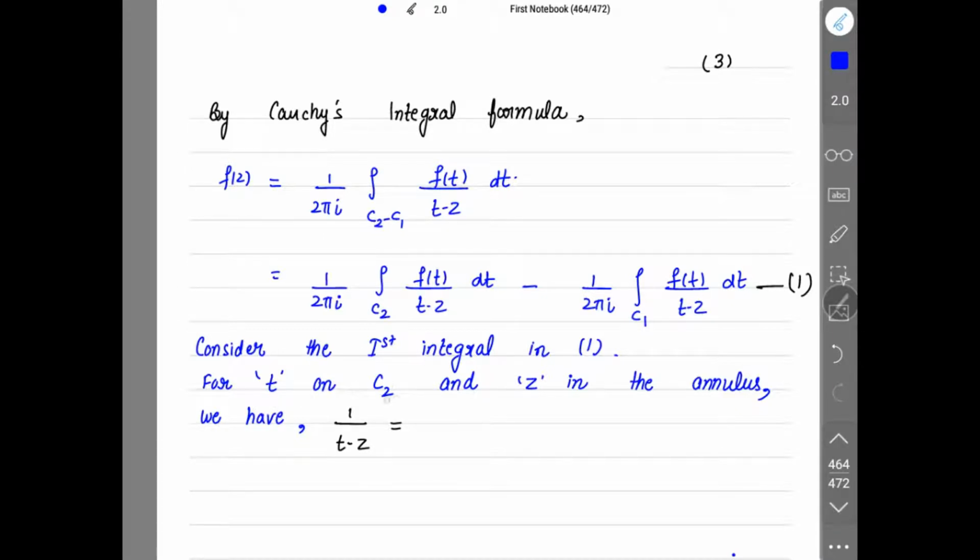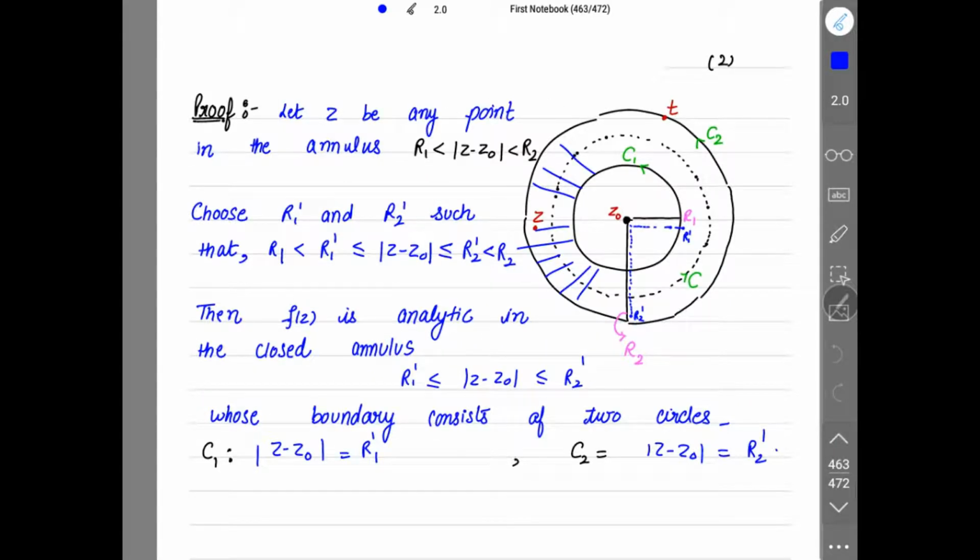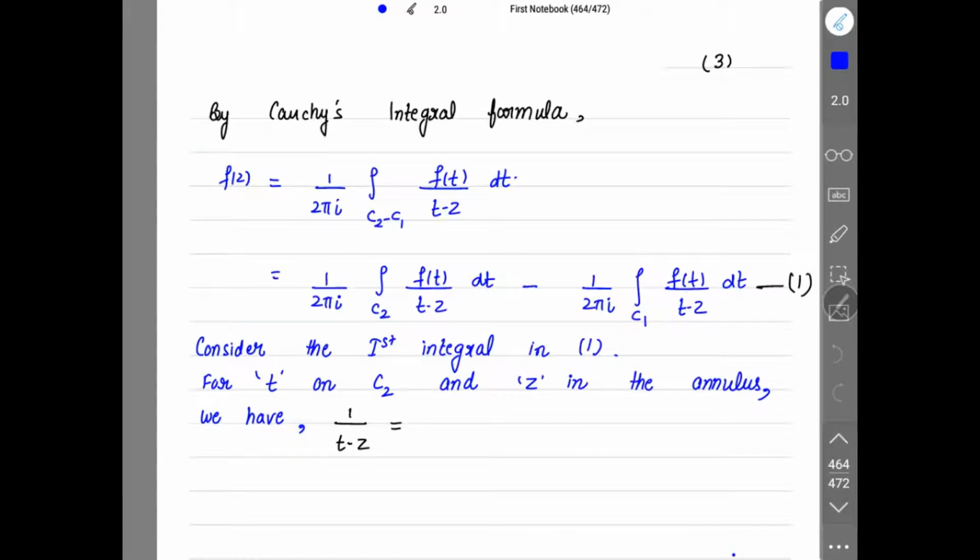For t on C2 and z in the annulus, let's have a look. For the C2 circle, I am having the point t here and a point z in this annulus, the red color point. So we have 1 over t minus z.